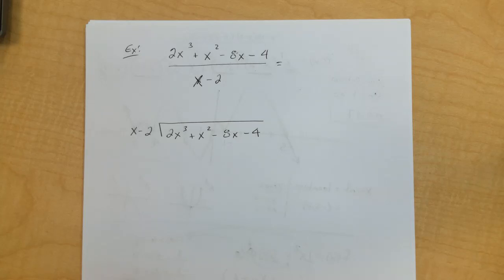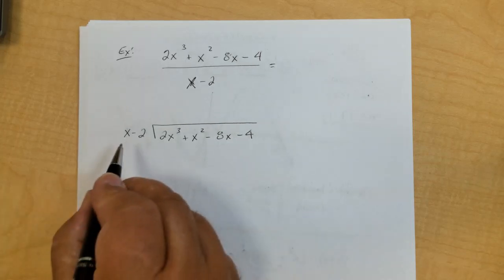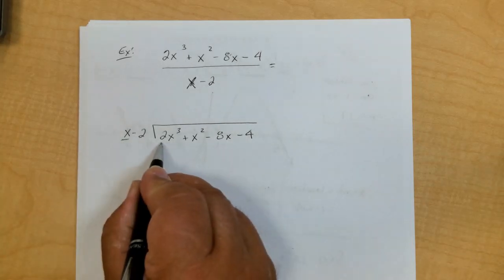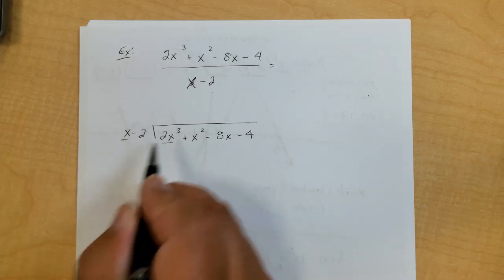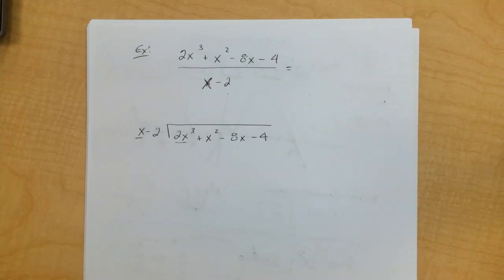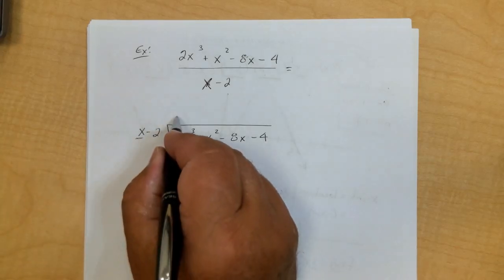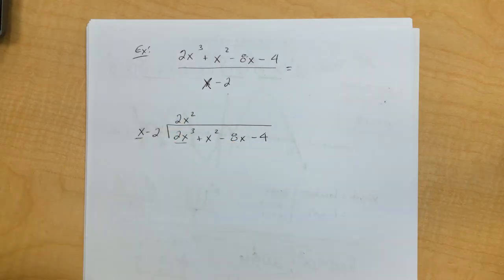Repeat the process. Start off by looking at the leading terms. What times x gives me 2x cubed? X squared. 2x squared. Very good.